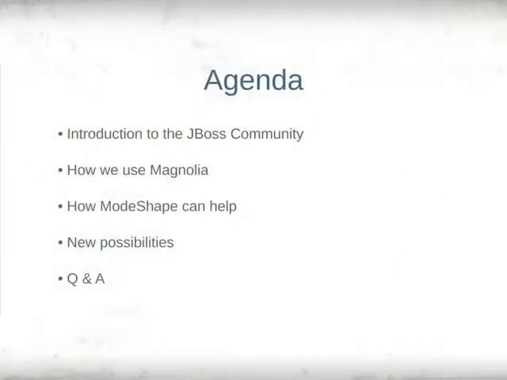So first of all, being on the business track, I'm going to keep it at quite a high level and introduce people first to what is the JBoss community, who we are, what we do, and what we're not and what we don't do. Then I'll go into how we use Magnolia currently for our website, JBoss.org.